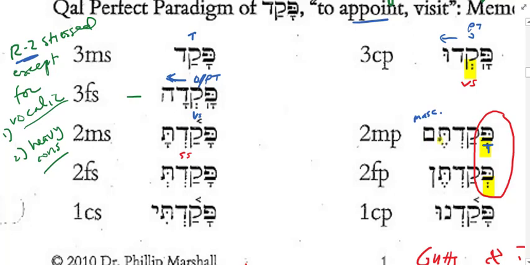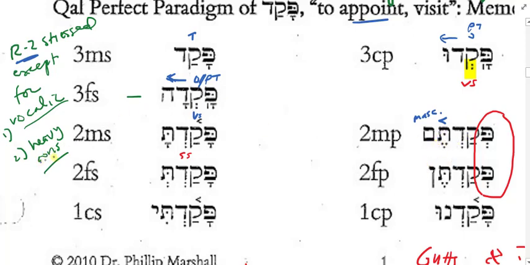But when I add the tem ending, the stress is going to move to the end here. It's not going to be on root 2. And that means this will be open and propretonic, and Hebrew is going to reduce that long A to vocal shva in both of these cases, okay? So pakadtem becomes pkadtem.